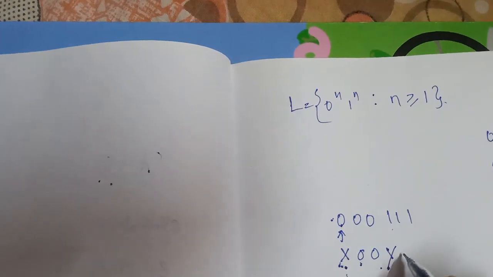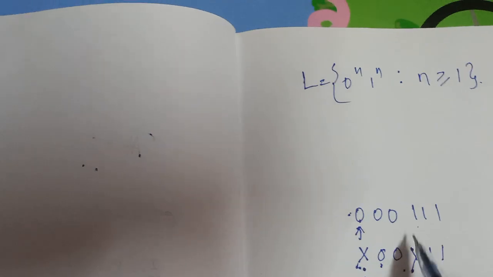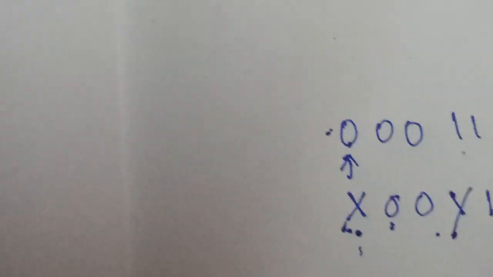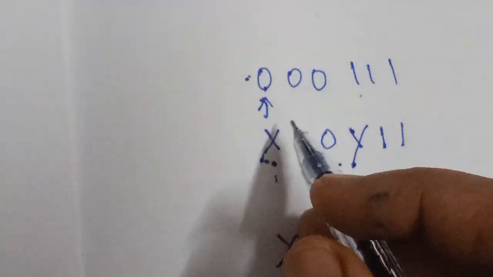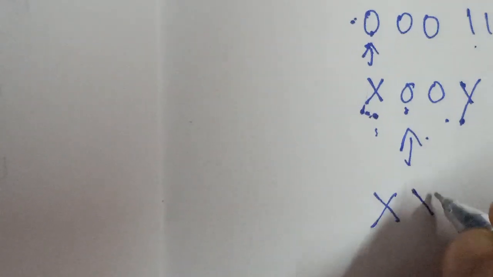Once it is read, we should write it. So 1 is replaced with y, then move the head to the left. Moving left, we pass 0, 0 and reach x. Whenever we reach x, the head should move to the right. Then this 0 will be replaced with x.